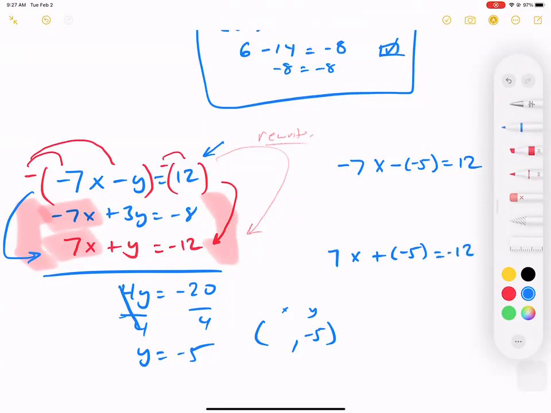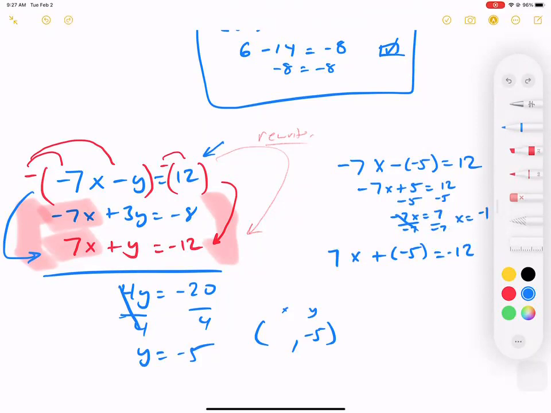They're both going to give us the same exact answer at the end. So this is negative 7x, and negative times negative 5 is a positive 5, equals 12. Minus 5 to both sides. Negative 7x is equal to 7. Divide by negative 7 on both sides. x is equal to negative 1, right? Because 7 divided by negative 7 is negative 1.